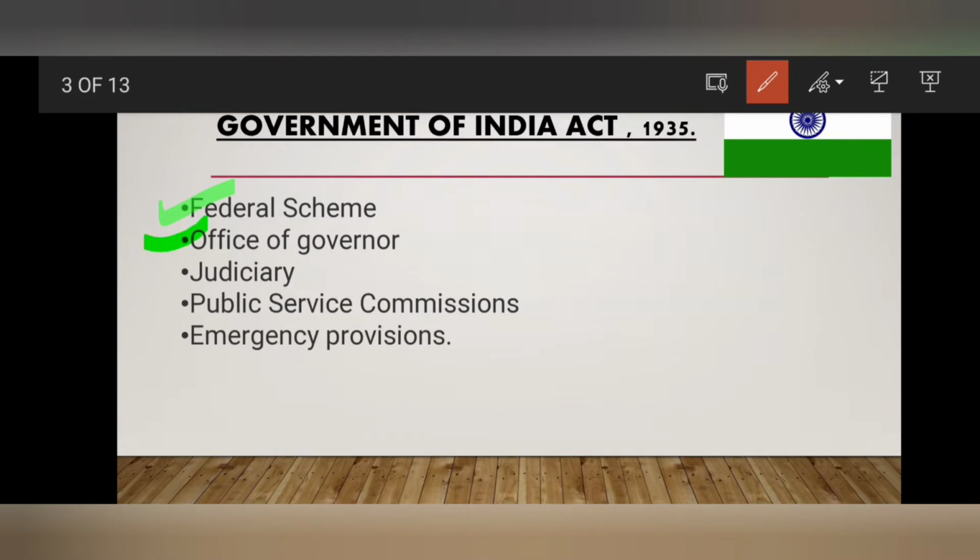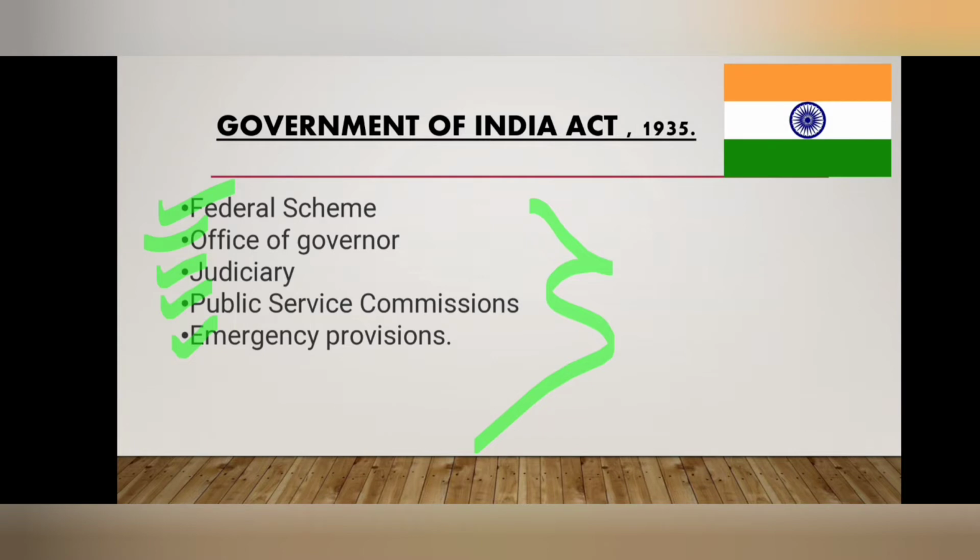The office of the governor has been made from the Government of India Act only. Then the judiciary, the Public Service Commission, PSC, and the emergency provisions. So these five main things have been taken from the Government of India Act 1935. It's the most important one.